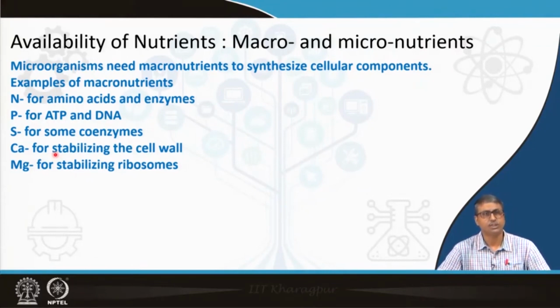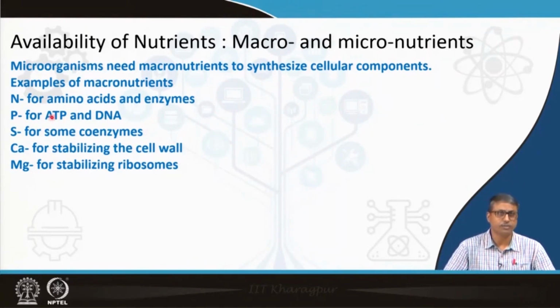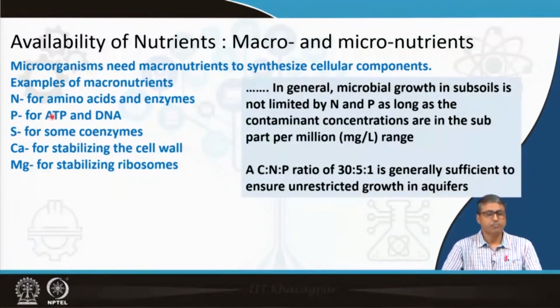Along with carbon, oxygen and hydrogen are also available, and these organic substances are often used as a source of energy in heterotrophic metabolism and as a source of electrons as well. However, the organism's growth and activity would be severely impaired if these macronutrients, particularly nitrogen, phosphorus and sulfur, are not available.